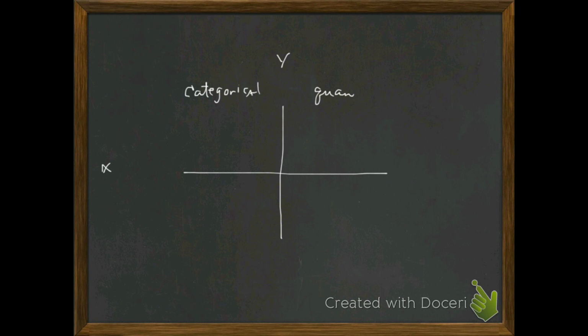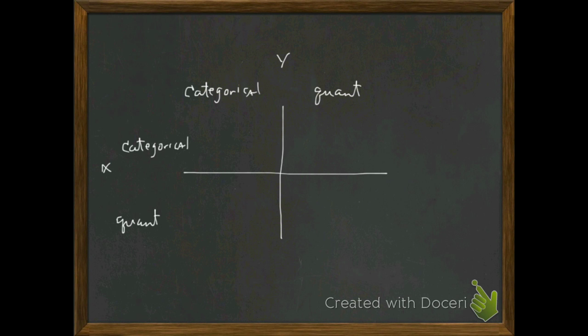Now, let's go back and examine what could happen when our x's and y's are different forms of variables. Let's say that we have a categorical x and a quantitative y, or a quantitative x and a quantitative y.